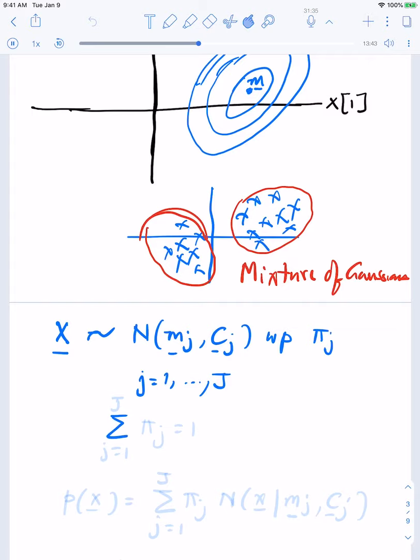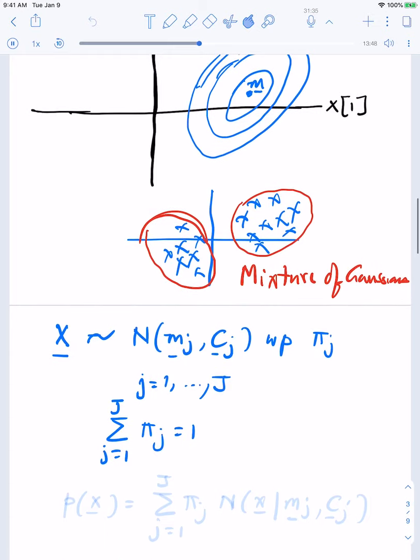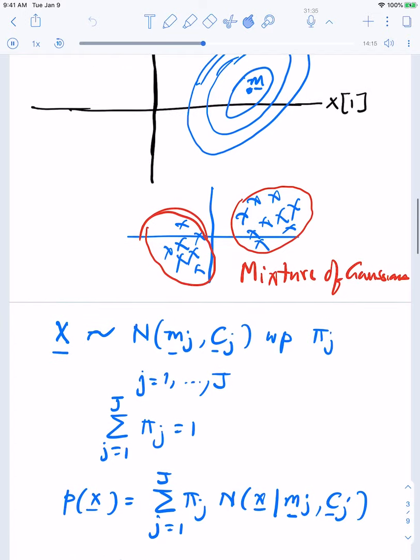And of course, these pi sub j's have to sum to 1. So that is the basic mixture Gaussian distribution. And of course, the density will look like an average of these densities. So basically, p of x in this case will be summation j equals 1 to J pi sub j times the Gaussian density with mean m sub j and covariance C sub j. So that's the mixture Gaussian density.